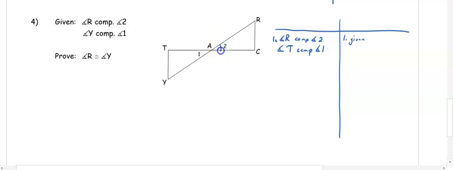Now we know that angle 1 and angle 2 are congruent because they are vertical angles. So angle 1 is congruent to angle 2. Vertical angles are congruent.